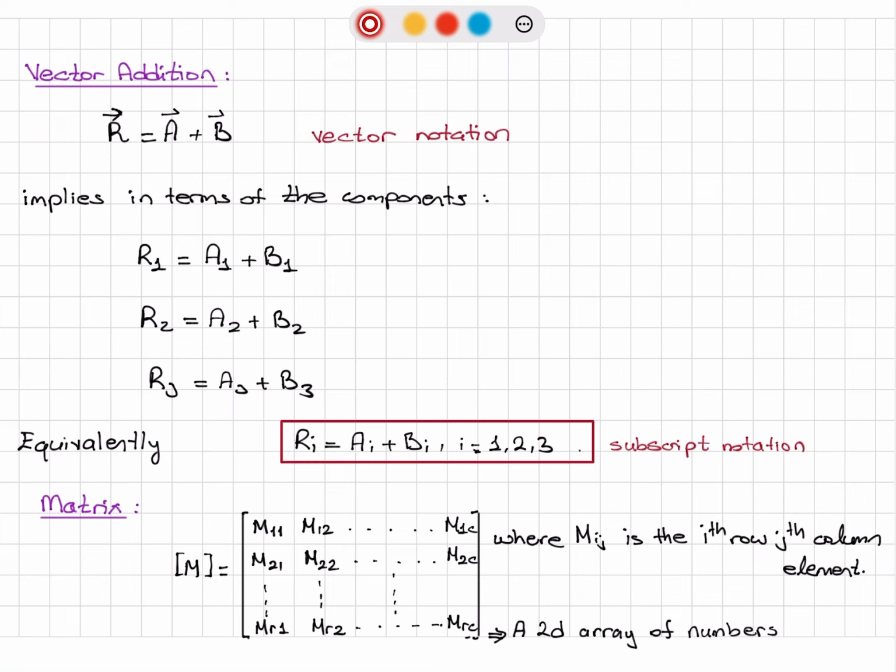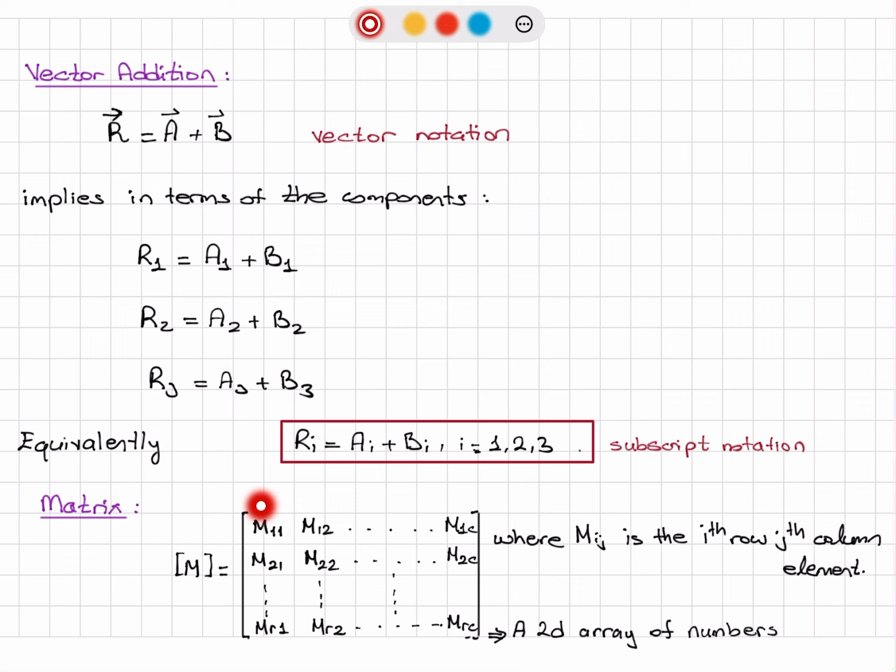So R sub i, the i-th component of the resultant vector, is the sum of the i-th component of the first vector plus the i-th component of the second vector. For 3 dimensions, i can take values 1, 2, 3. And a matrix is represented as a two-dimensional array of numbers with the i-th row, j-th column element being M sub ij.